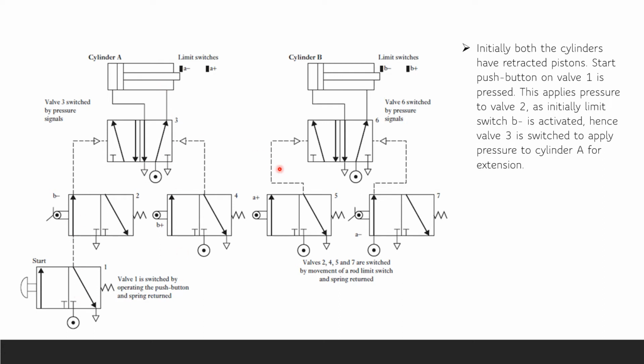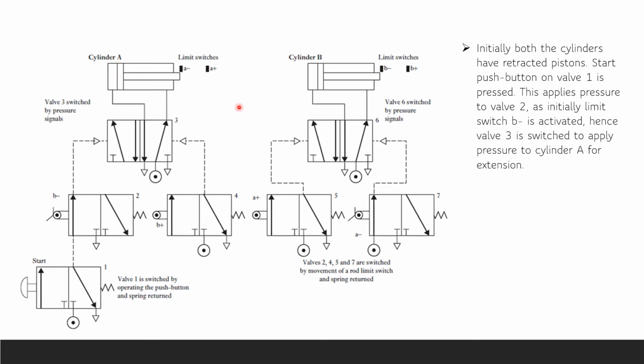The total system or the sequence can be started using a push button and spring return 3x2 valve. Before starting, there are limit switches present in this diagram. Limit switches are operated by the position of the piston of the respective cylinders.